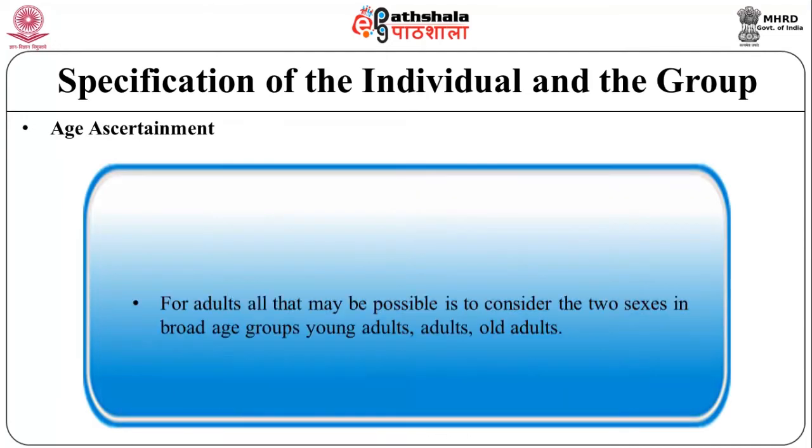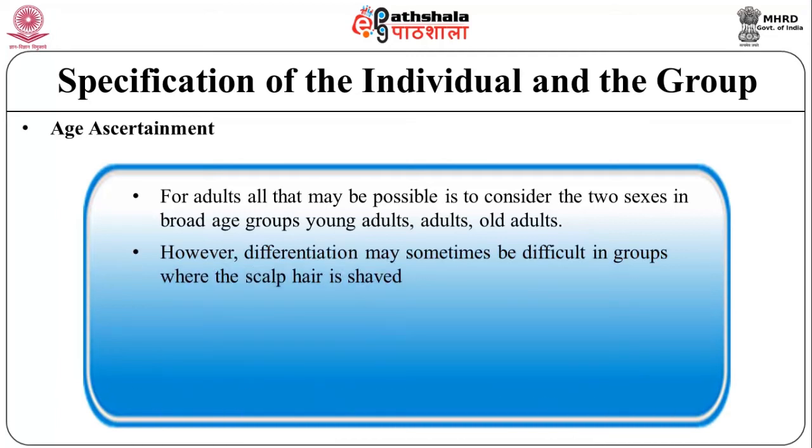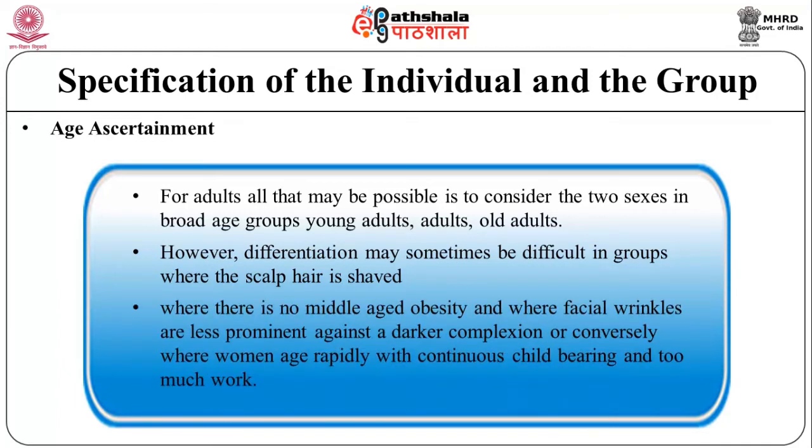For adults, all that has been possible is to consider the two sexes in broad age groups: young adults, adults, and older adults. However, differentiation may sometimes be difficult in groups where the scalp hair is shaped, where there is no middle age obesity, and where facial wrinkles are less prominent against a darker complexion, or conversely, where women age rapidly with continuous childbearing and too much work.